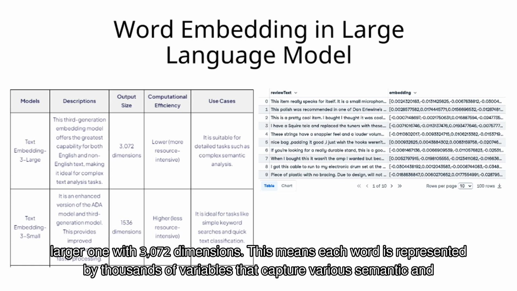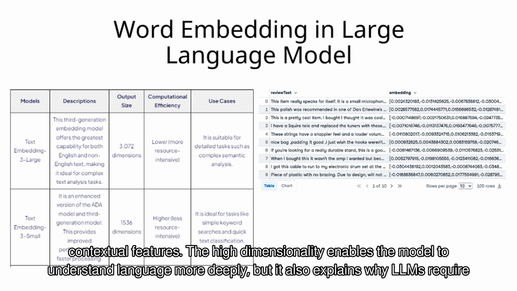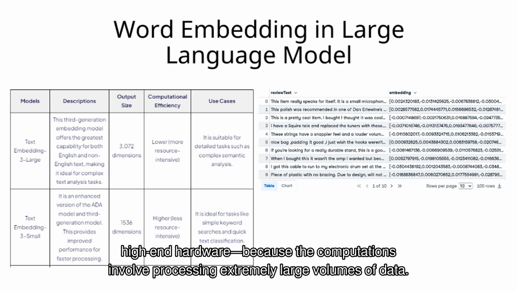This means each word is represented by thousands of variables that capture various semantic and contextual features. The high dimensionality enables the model to understand language more deeply, but it also explains why LLMs require high-end hardware, because the computations involve processing extremely large volumes of data.